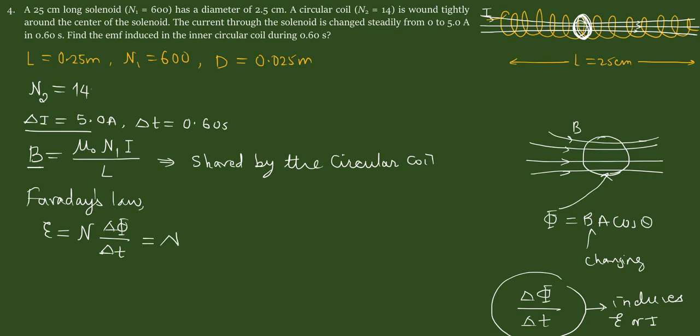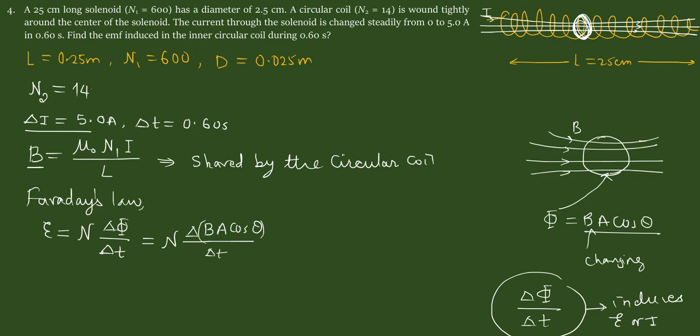And delta phi is B A cosine theta, so magnetic field, area of the loop, cosine theta, over delta t.